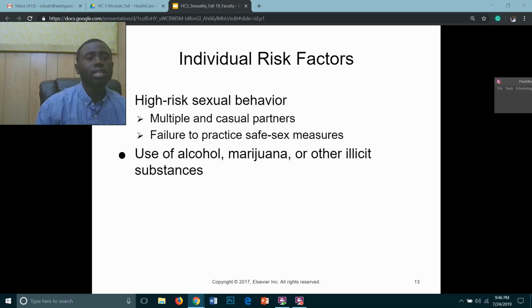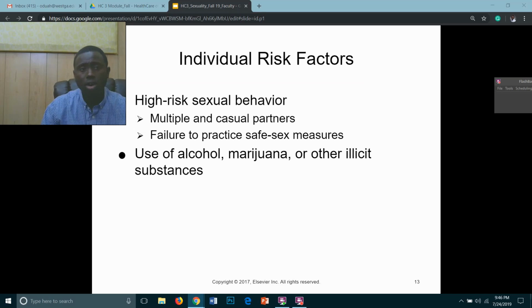So now let's look at some risk factors. There are many individual risk factors that can contribute to problems related to sexuality and sexual expression. Behaviors such as multiple and casual partners, unprotected sex, can lead to infections which will create sexual ill-being and impair reproduction.